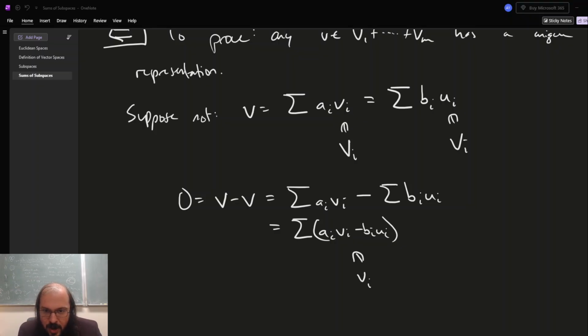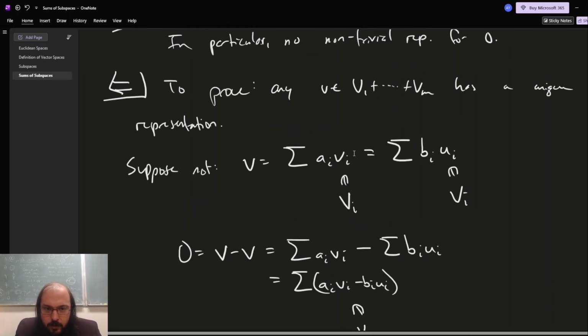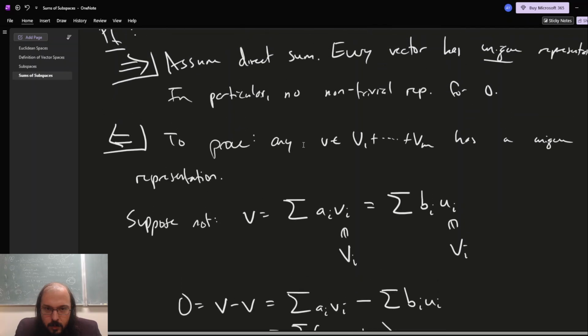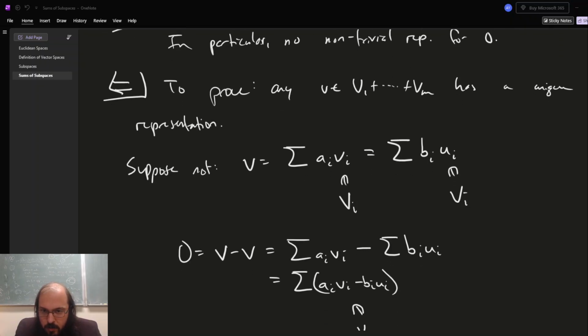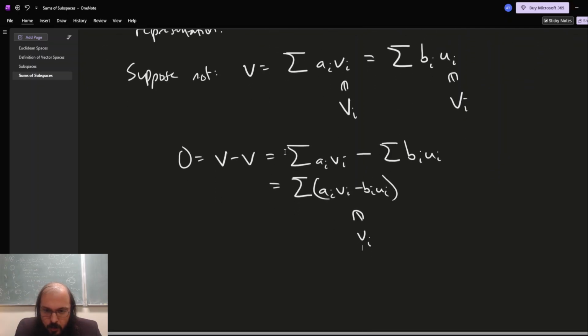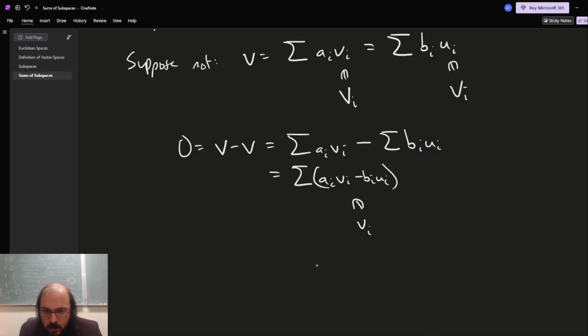But you see, now we have a problem, which is that I was assuming that 0 has a unique representation. If the only way to have this is for all these things to be 0, then it must be that a_i v_i minus b_i u_i equals 0.